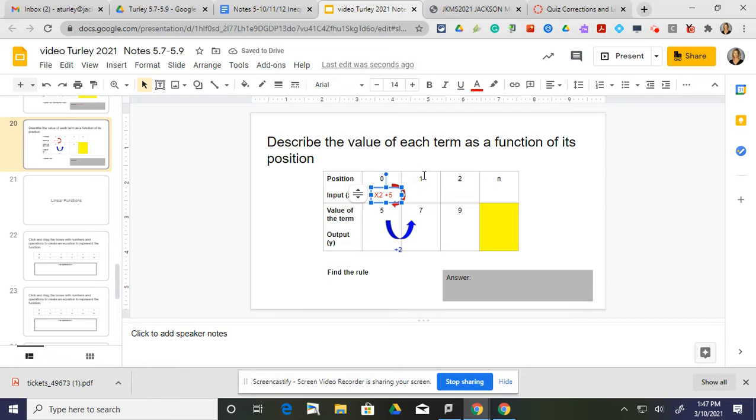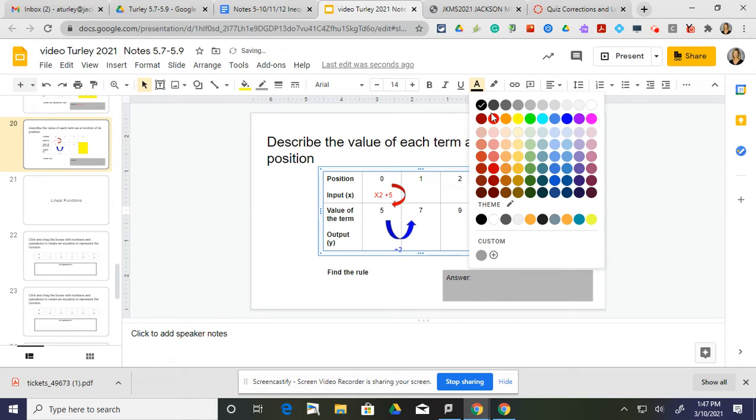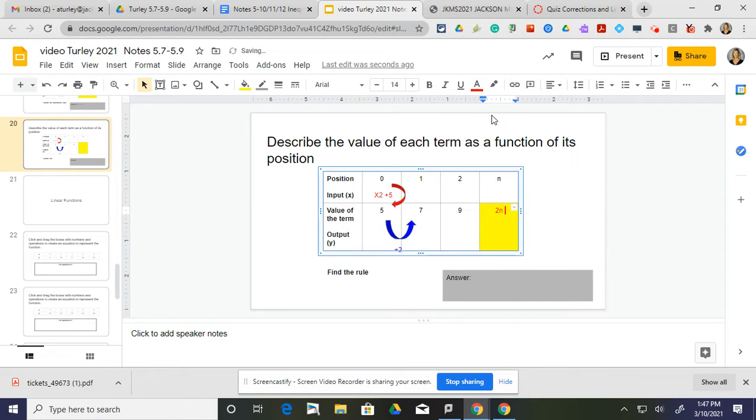Let's try it here and make sure it works. 1 times 2 is 2, and 2 plus 5 is 7, so that works. Let's try it here. 2 times 2 is 4, and 4 plus 5 is 9. So that means our rule, if we multiply n times 2, so it'd be 2n, and then plus 5.